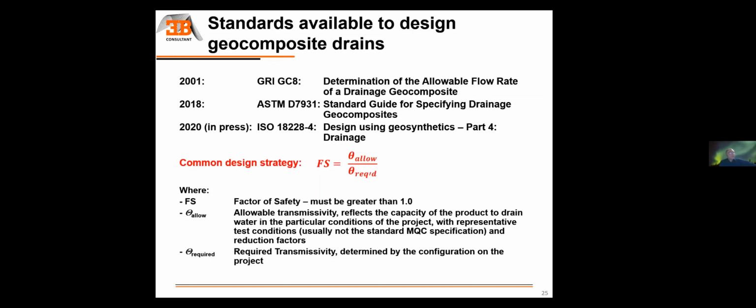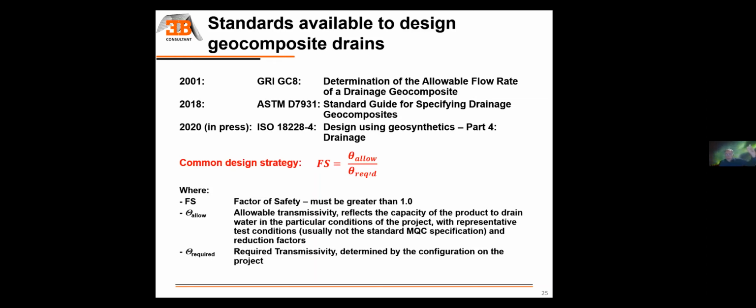So, I'm going to make a small parenthesis, this ISO 18228-4 is part of a series of 10 design guidance documents which are published by the ISO Committee on Geosynthetics, ISO TC221. Part number 4 is on drainage, part number 3 is on filtration, part number 2 is on separation, I don't remember all of them. Part number 5 is on stabilization, part number 7 on reinforcement, part number 9 on lining, and so on and so on.